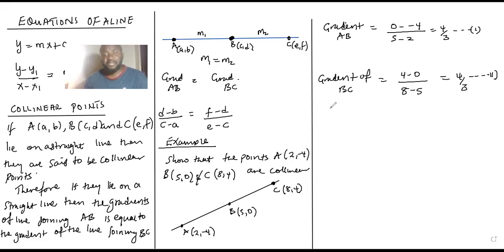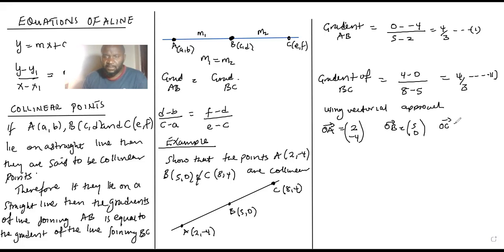There's another method we can use to confirm this. There is what we call the vectorial approach. For the vectorial approach, you get vector OA in vector form as (2, -4). Then get position vector OB, which is (5, 0), and position vector OC, which is (8, 4).